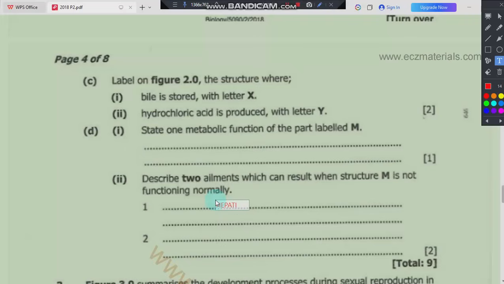Apart from hepatitis, we also have cirrhosis. These are ailments that occur when our liver is not functioning normally. The last one is hepatomegaly.